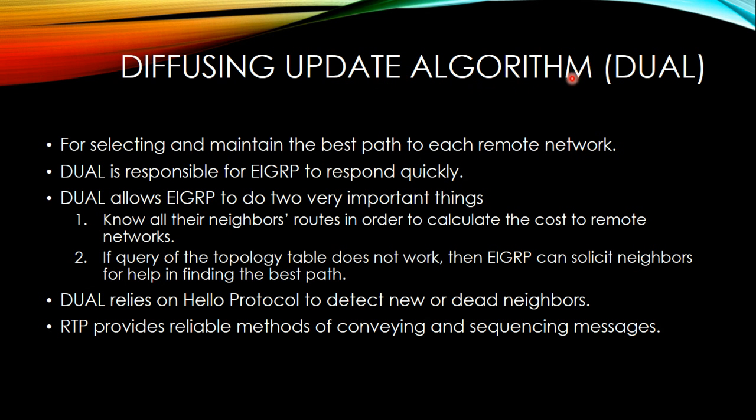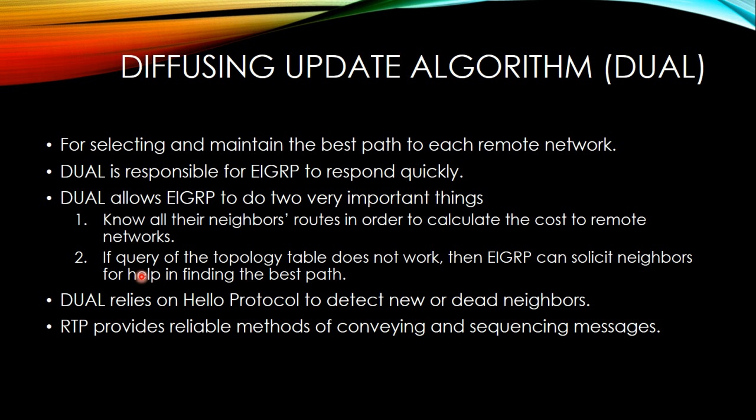Diffusing update algorithm. This algorithm is what is responsible for maintaining the best path to each router in each network. DUAL is responsible for EIGRP to function quickly. There's 2 important things you need to know about DUAL in relationship to EIGRP. 1, know all their neighbors' routes, in order to calculate the cost to the remote network, meaning that cost is going to play a part in the successor or the feasible successor.